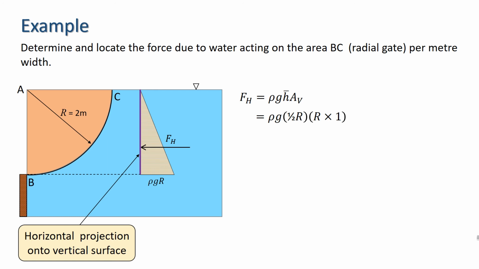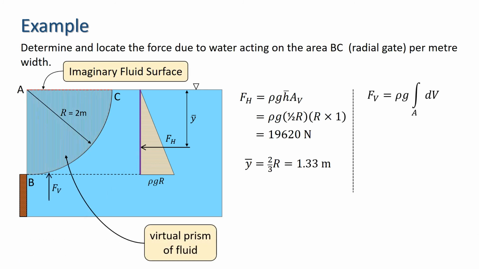Taking the density of water to be 1000 kilograms per metre cubed, and an acceleration due to gravity of 9.81 metres per second squared, we have 19,620 newtons. The line of action of the horizontal component of force is the centre of gravity of the pressure diagram, which is 2/3 r from the water surface since it's a triangle. Thus y bar is 4/3 of a metre.